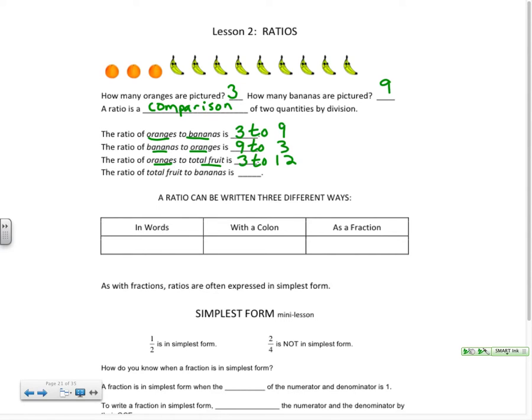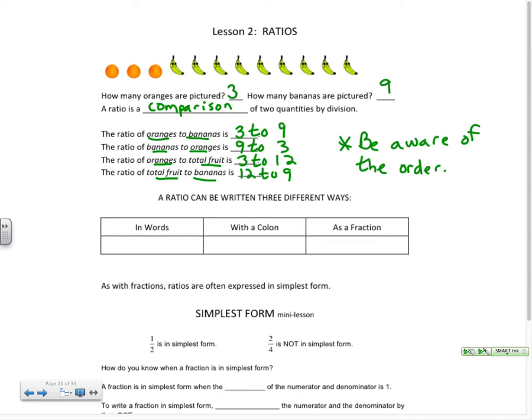And the ratio of total fruit to bananas is 12 to 9 because there's 12 total pieces and 9 bananas. So you can see that it is very important that you be careful of the order. So be aware of the order in which you are writing your ratio.